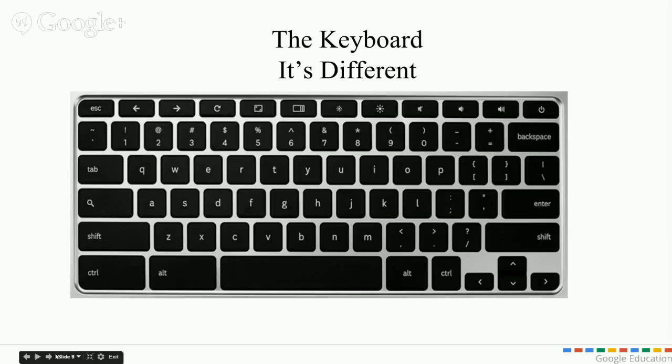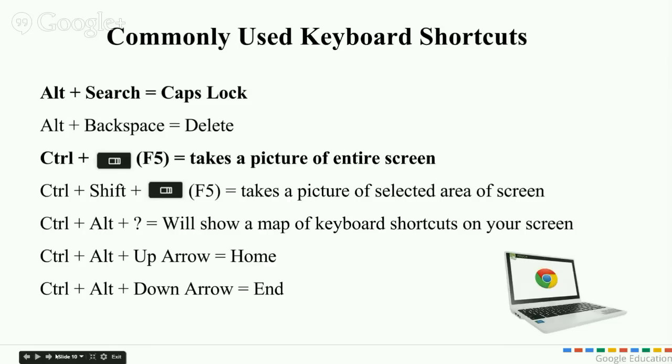So how do you access functionality such as turning on caps lock? You use keyboard shortcuts. In the case of turning on caps lock, you use the keyboard shortcut Alt plus the search key. To take a screenshot, you use the keyboard combination Control plus F5.